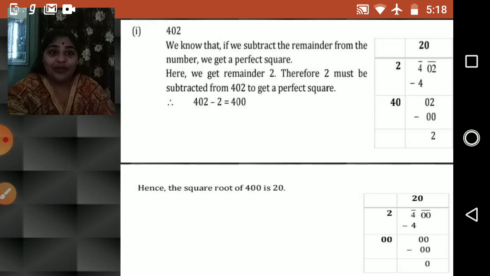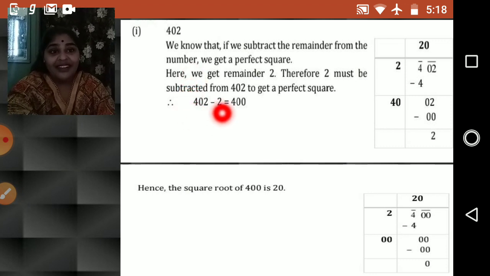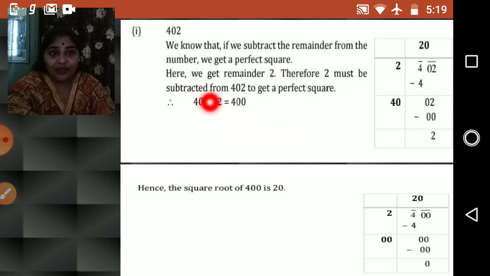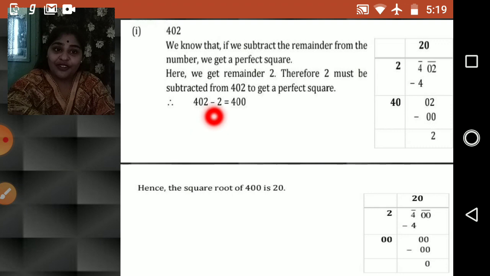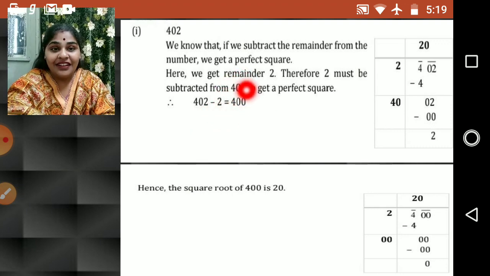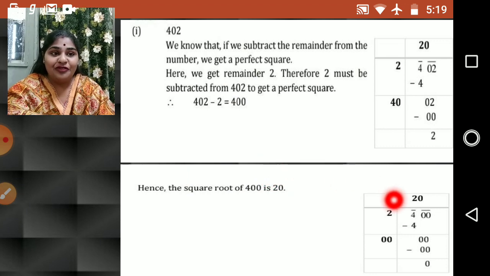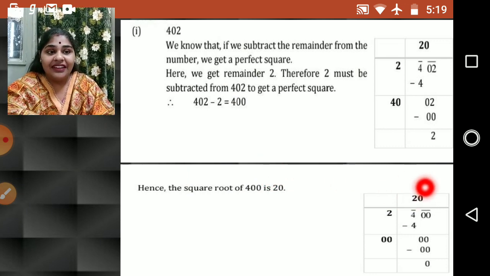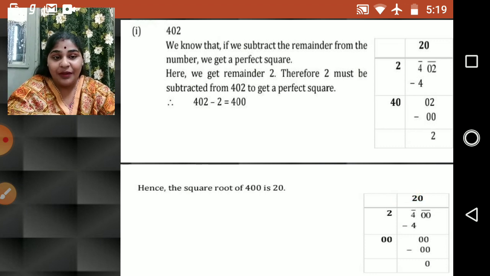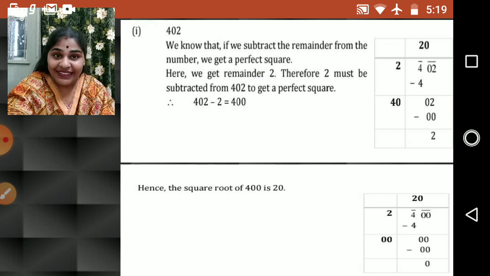So 402 was the given number, and 2 is the remainder which we are going to subtract from the given number. That is 402 minus 2, we will get 400. So hence the square root, now we will find of 400 by using the same division method, and we get 20. So the square root of 400 is 20. I hope this is clear.